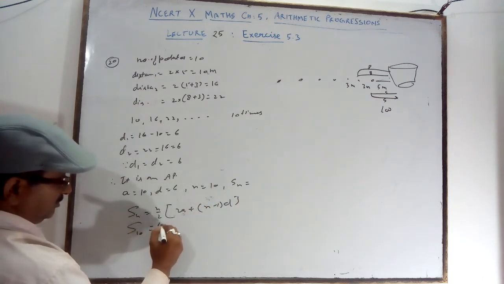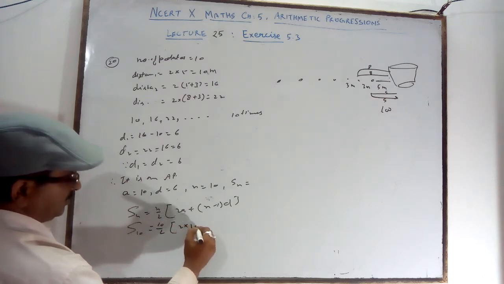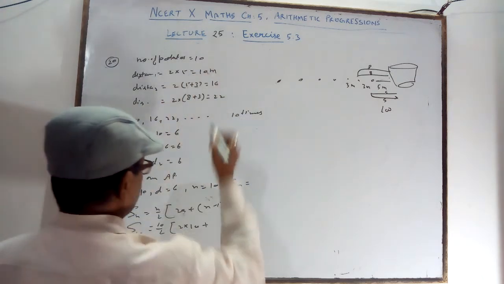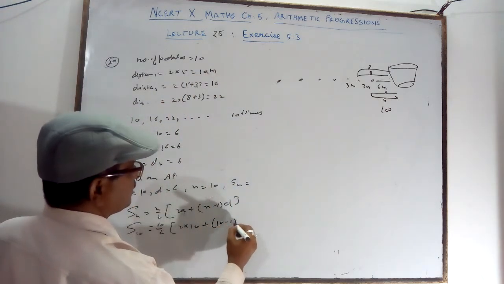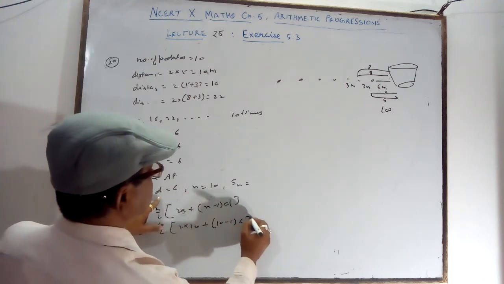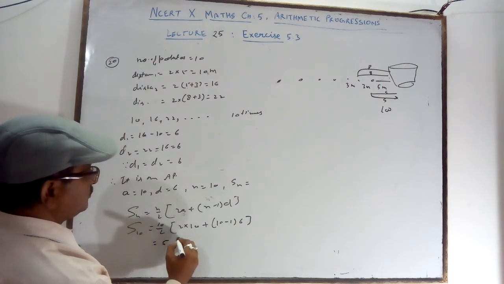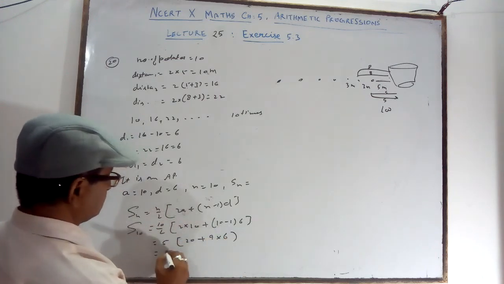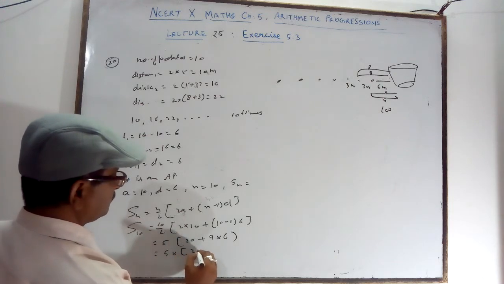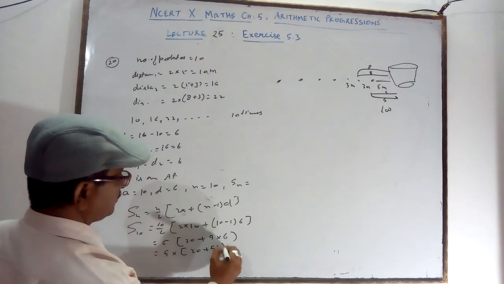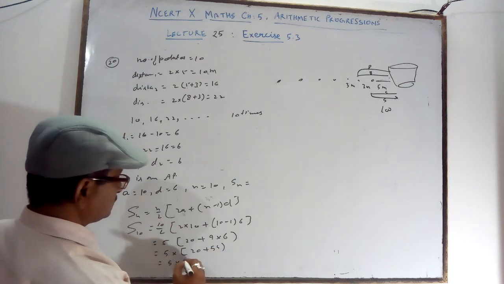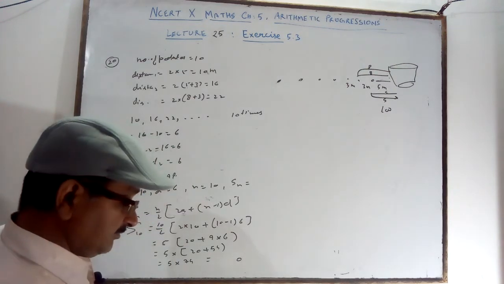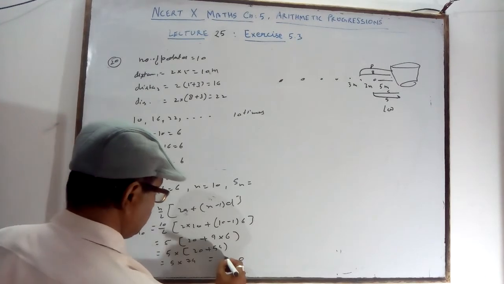So S10 is equal to 10 by 2 into 2 into 10 plus 10 minus 1 into 6, which is 5 into 20 plus 9 into 6, that is 5 into 20 plus 54, so 5 into 74, which is 370.